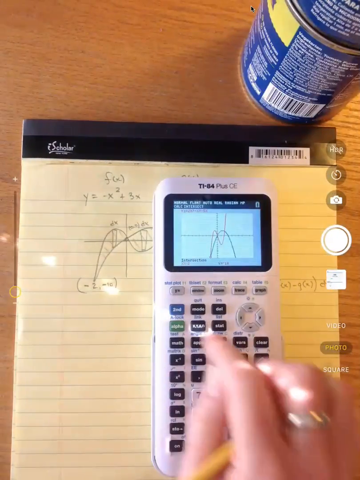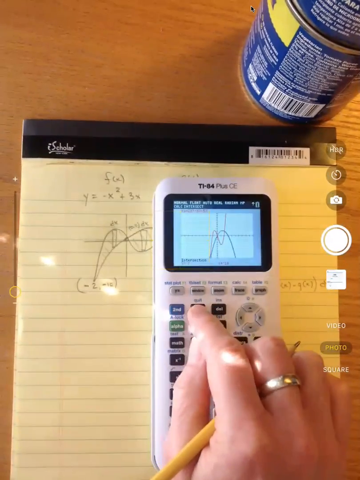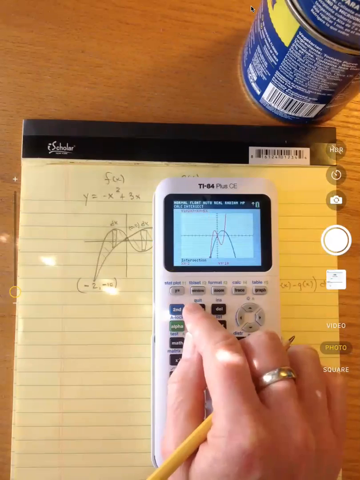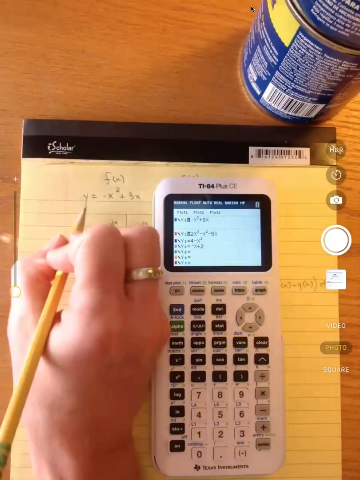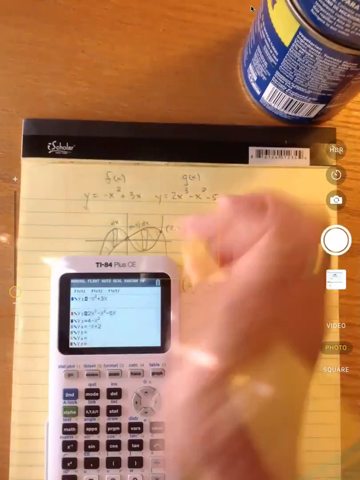Let's check here. My quadratic is in y1, and my cubic is in y2.